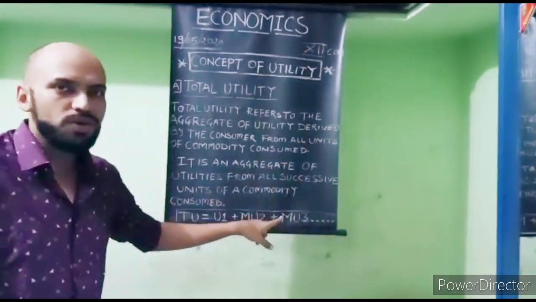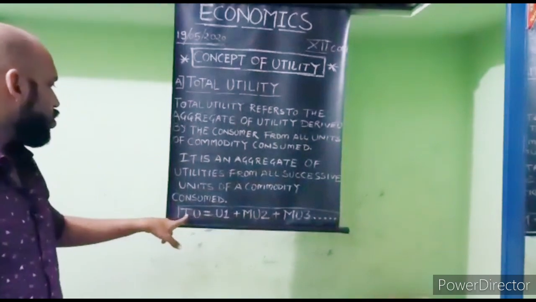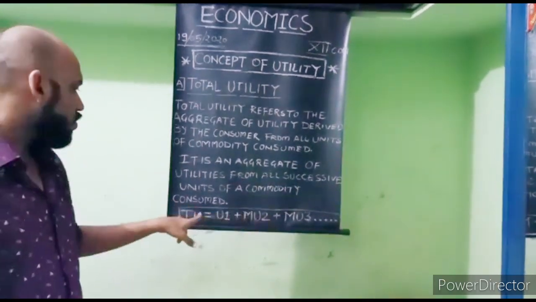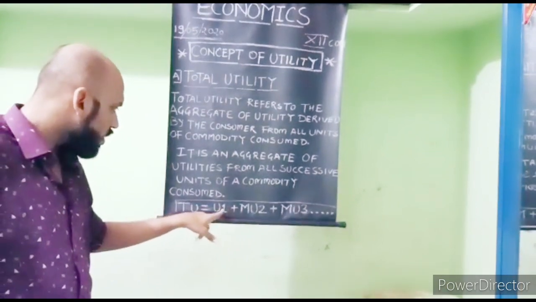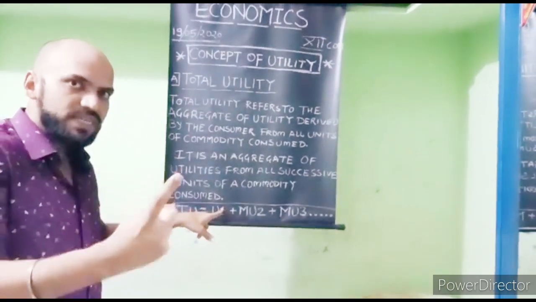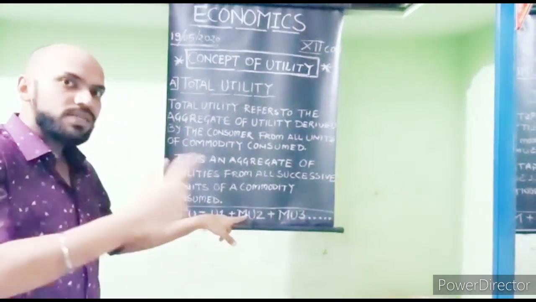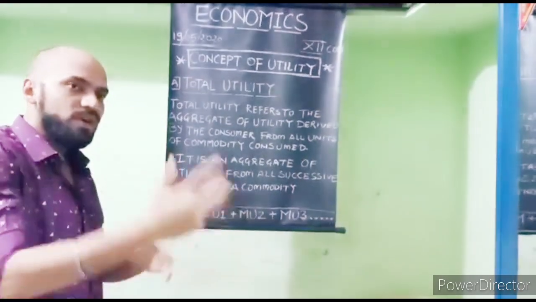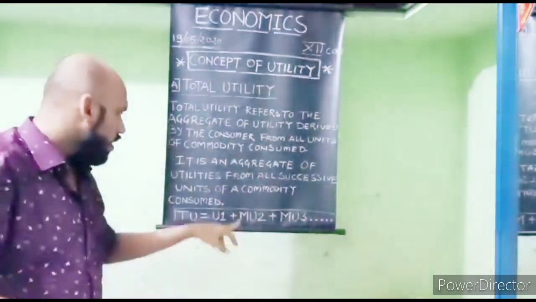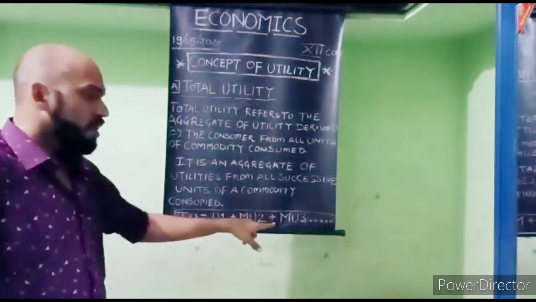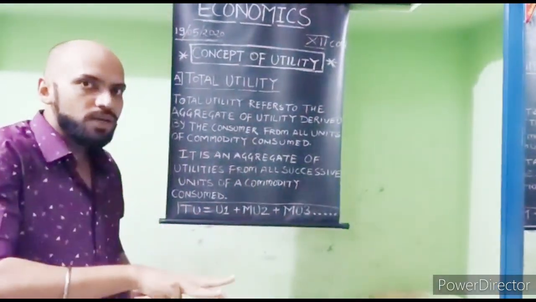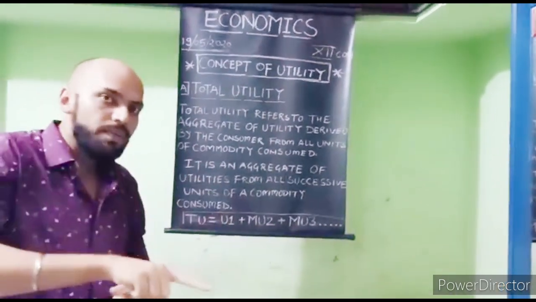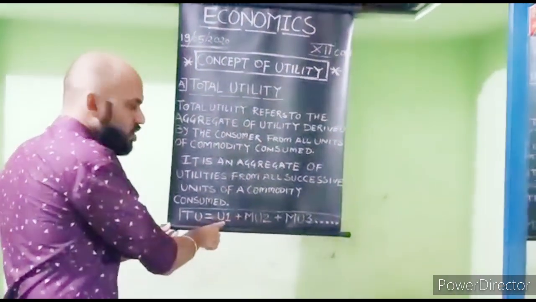How can you calculate total utility? It's very simple. This is the formula. Total utility is equal to U1, utility 1, what he gets from the first apple. Then when he eats the second apple, whatever utility he gets from the second apple will be added to the first. If he eats a third apple, whatever he gets from it will be added as well.